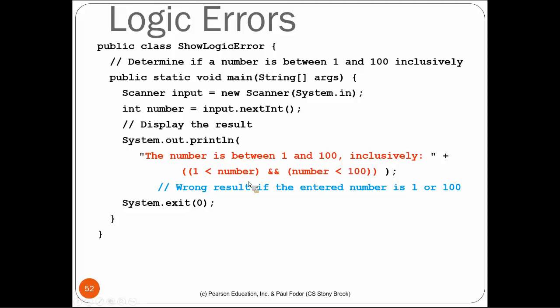But the condition that we wrote below checks if the number is strictly greater than 1 and strictly less than 100. So we will get wrong results if the number that was entered by the user in the command prompt is actually 1 or 100. It will tell us that the number is not between 1 and 100, including 1 and 100.